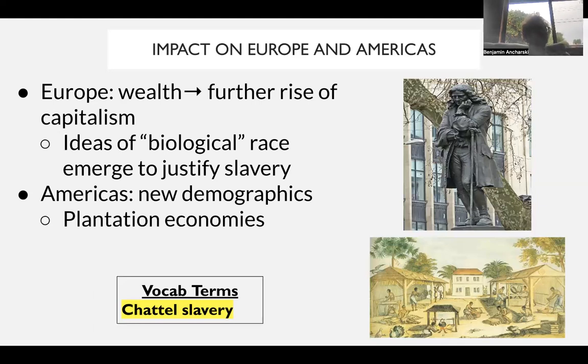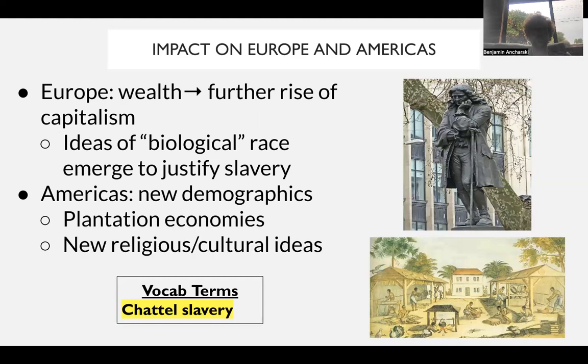And these people of African descent would be heavily used in the creation of these plantation systems that made these colonies the producer of raw materials for European benefit. And we'll explore this last point right here, but the introduction of a new group of people is going to lead to new cultural and ethnic identities. We'll explore that more in the next part of this chapter.